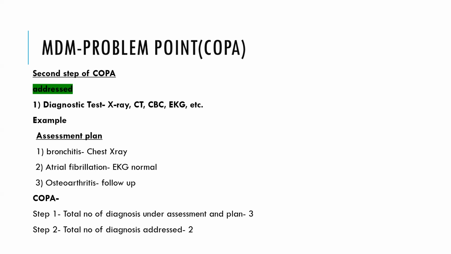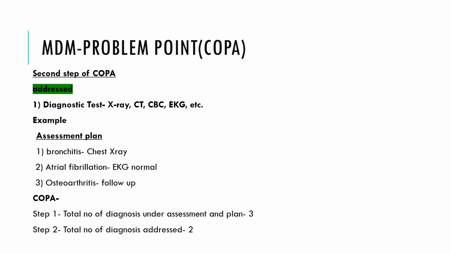For atrial fibrillation, the EKG is normal, which indicates the doctor has reviewed the test related to atrial fibrillation, so you can consider it addressed. Whereas for osteoarthritis, the physician has only mentioned follow-up. In the entire note you have no information about osteoarthritis, but only under assessment the physician mentioned follow-up, so you cannot consider osteoarthritis addressed. In this case, only two diagnoses are addressed, bronchitis as well as atrial fibrillation. Do you understand that?